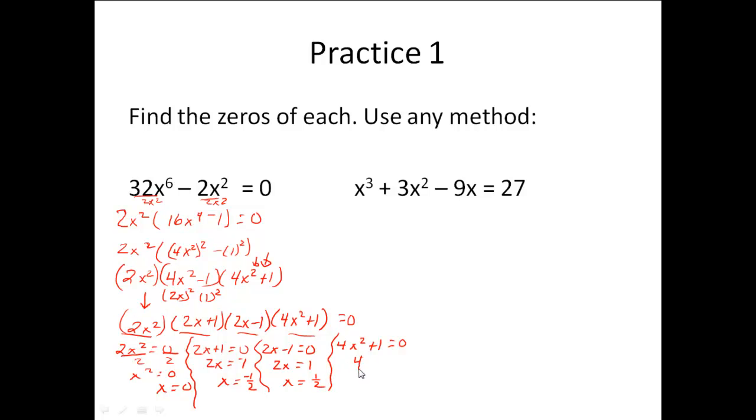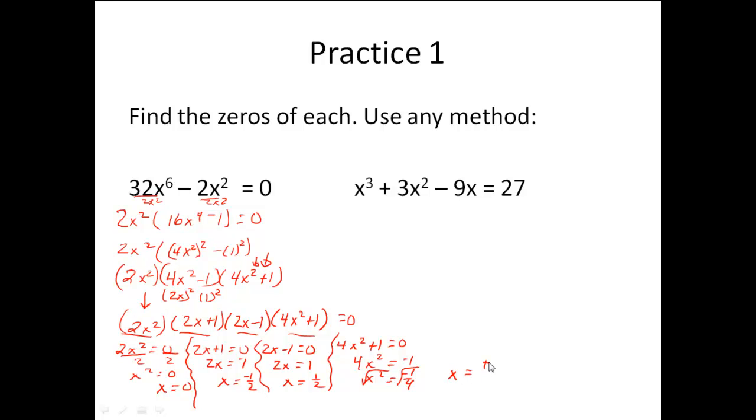And my last one, subtract 1 from both sides, divide by 4, and then square root both sides. Now notice, when I square root this, I've got a negative there. So I need to take care of that with i's.